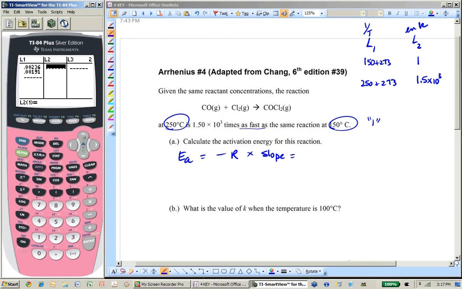There. Okay, then I'm going to come over here, and I'm going to put in 1 and 1.5 second EE 3. Then I'm going to take the natural log of both. Oops, didn't mean to hit second. ln. There we go, of second 2 for L2. And there I have it.